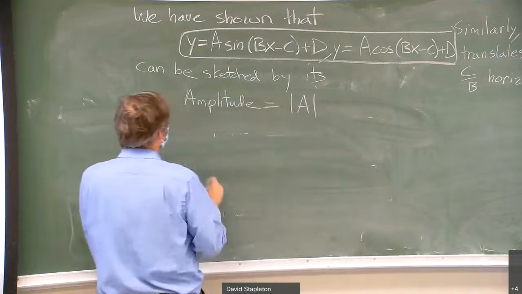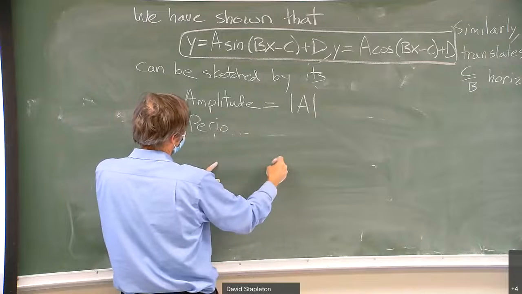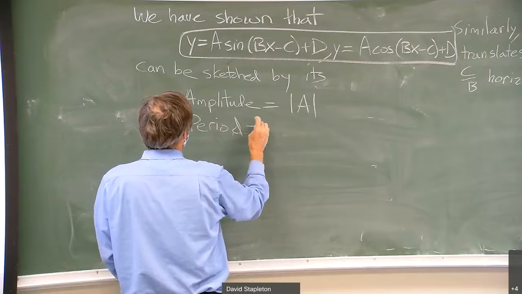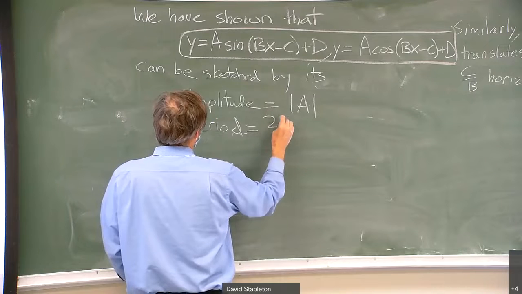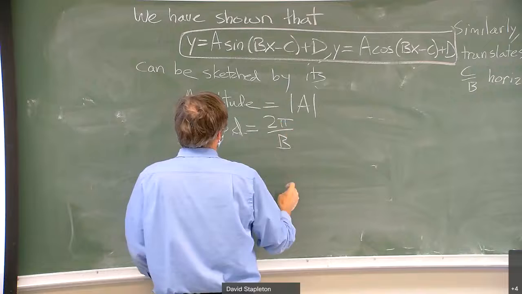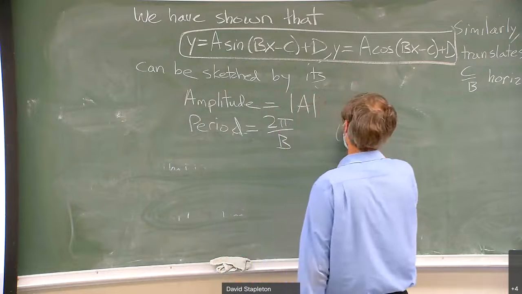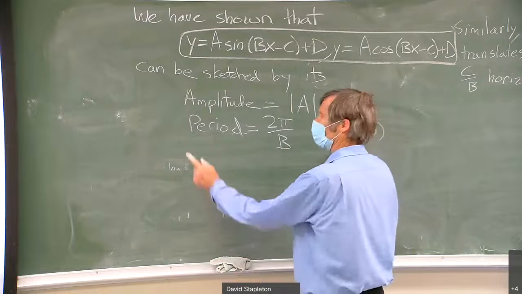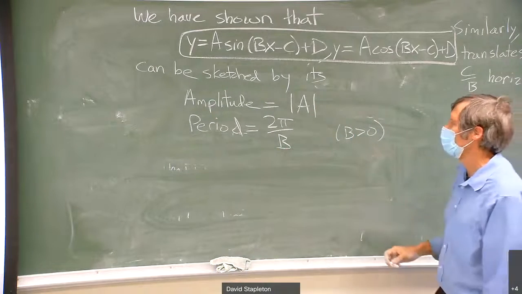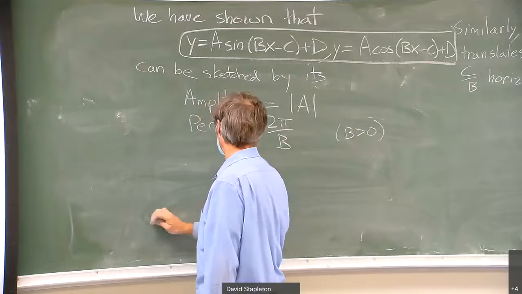To encompass the horizontal stretch, we compute the period and just make one wave over one period, which takes into account the horizontal stretch or shrink. And the period is 2 pi over b, rather than trying to figure out, multiply the whole thing by 1 over b. Again, this assumes b is greater than 0. If b is less than 0, you also have to flip horizontally. We're going to avoid that because we can. So I think the book bothers to put 2 pi over absolute value of b for that reason.